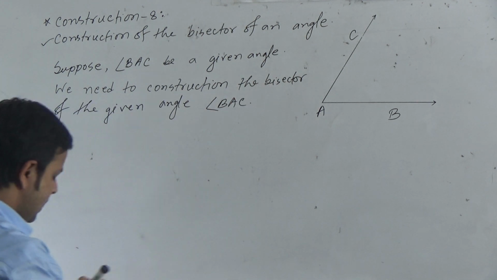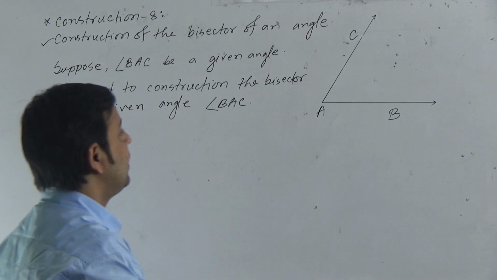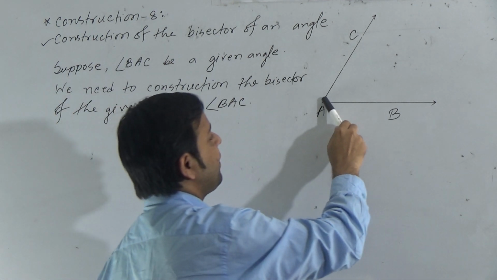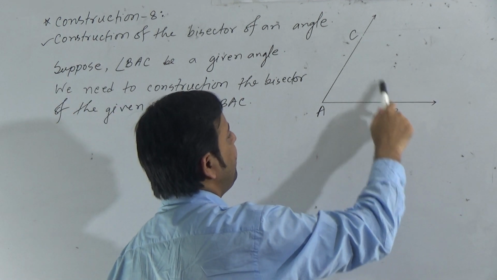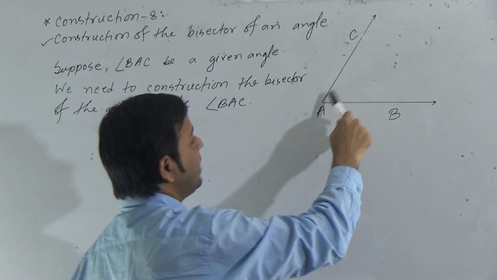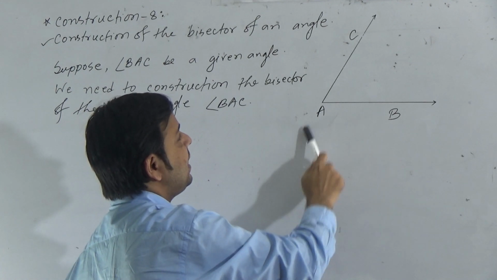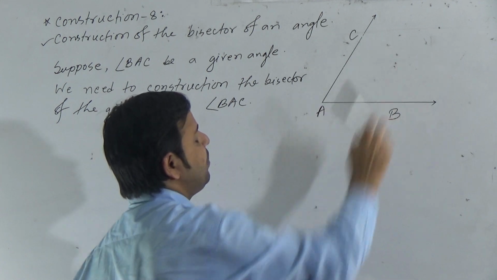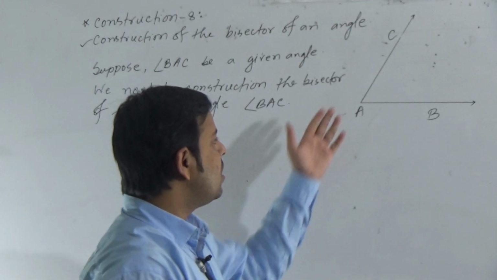It means that we need to draw a ray here which bisects the angle. It means that which divides angle BAC into two equal parts. We need to draw a ray here.